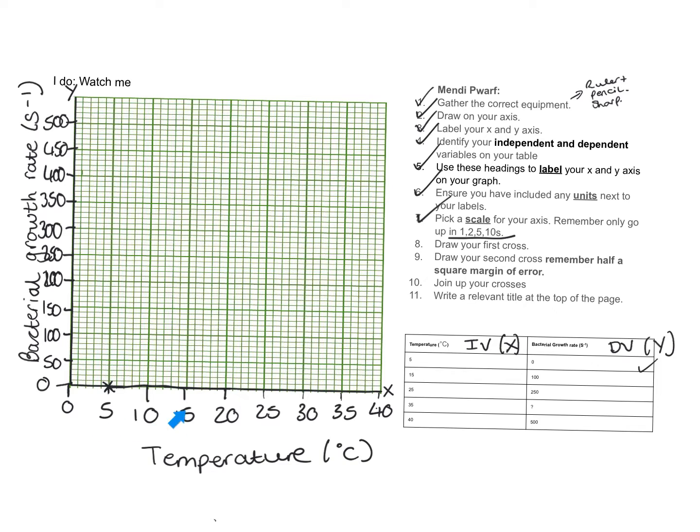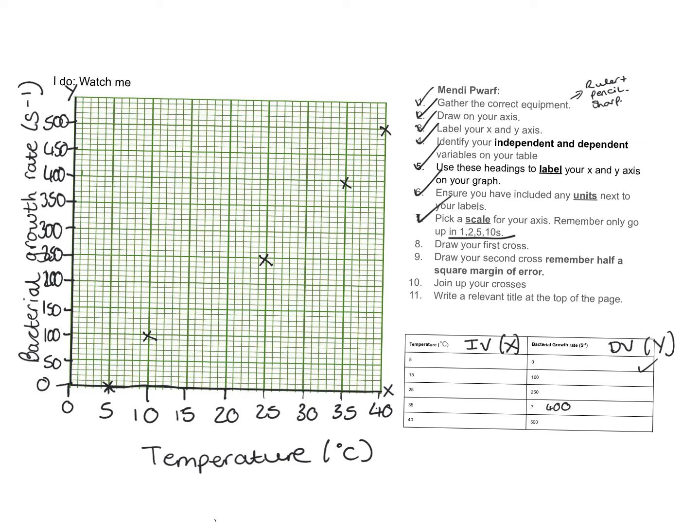So find 15 on the x-axis, go up to 100 on the y-axis, and put a cross. 25, 250. Okay, 35, I'm just going to say it's 400, because there's a bit of a mistake on your sheet. So we've got 35 is 400, and then 40 is 500, okay.